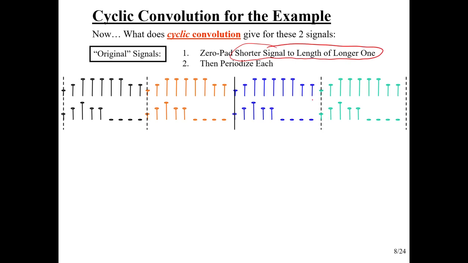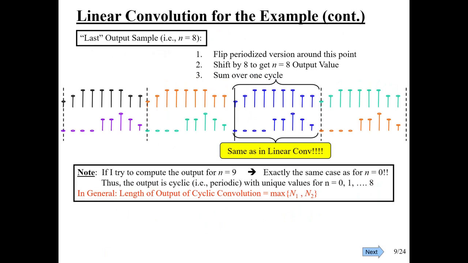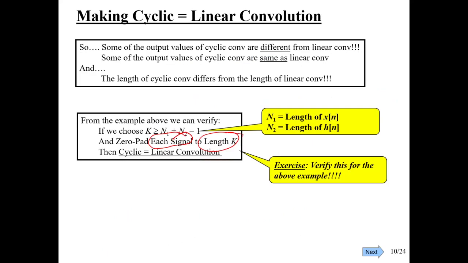What we're really going to do is now stuff in some more zeros there and more zeros there so that we have 13 values in a cycle. Then we'll be able to get 13 output values before things start to repeat. And my claim is that all of those values will be exactly the same as what you have for linear convolution. So your job is to pause the video and go and check that out and make sure you understand why.